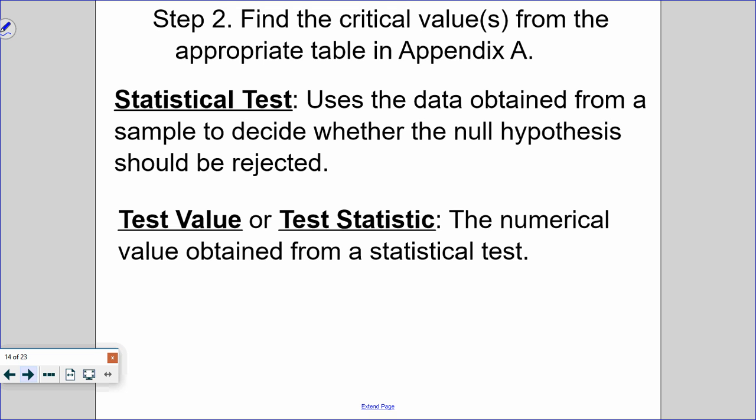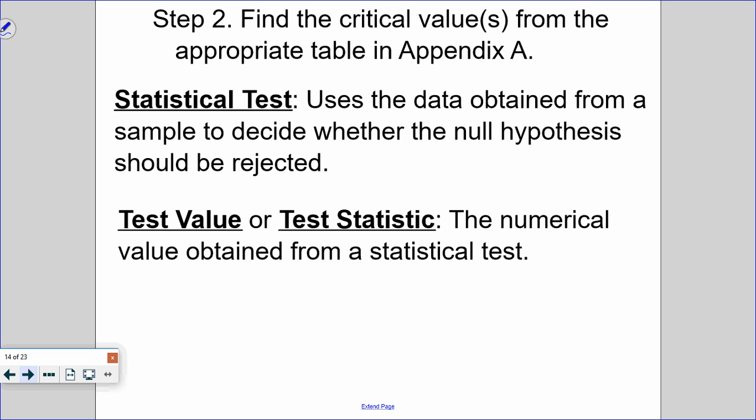All right, so now, step 2. We're going to find the critical value. A statistical test uses the data obtained from a sample to decide whether the null hypothesis should be rejected. So you're going to take a sample, and we call whatever you run a statistical test. Your test value, or test statistic, is the numerical value obtained from the statistical test.